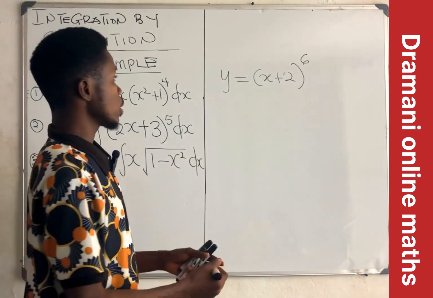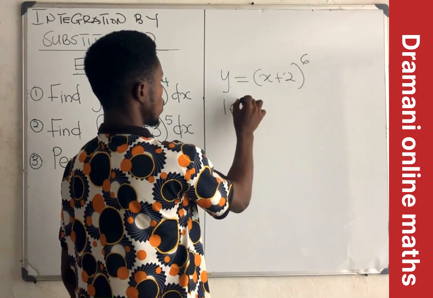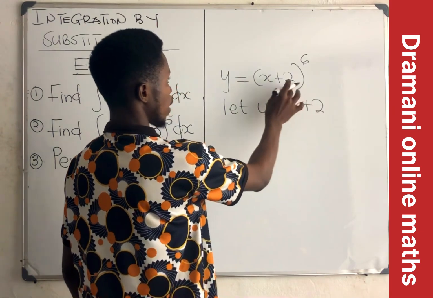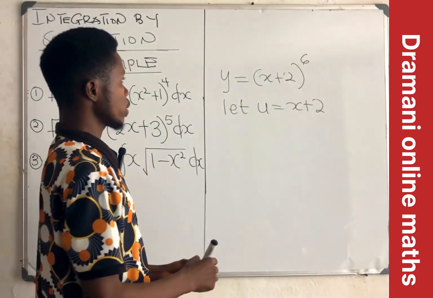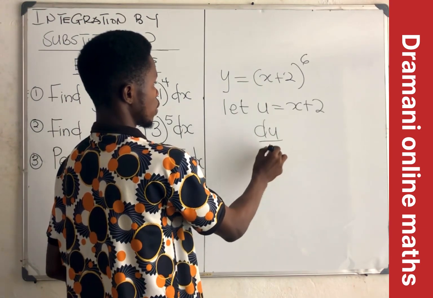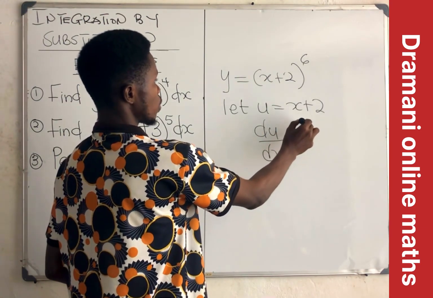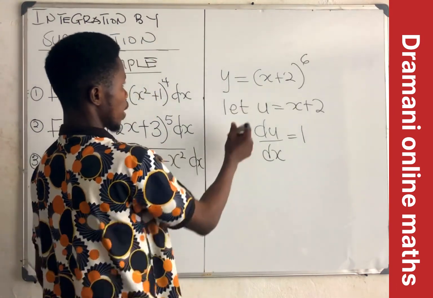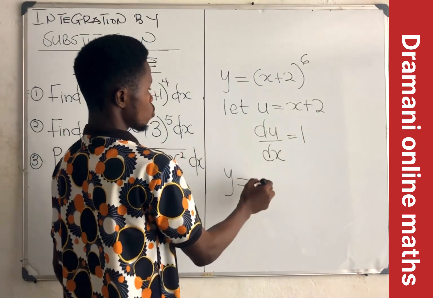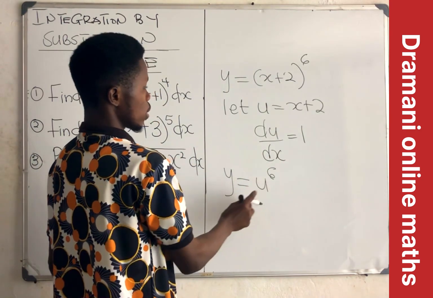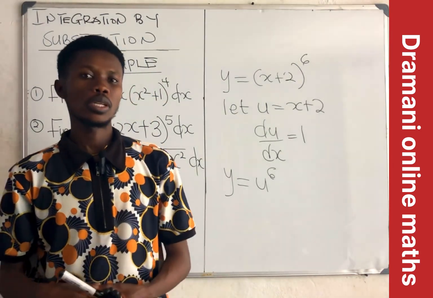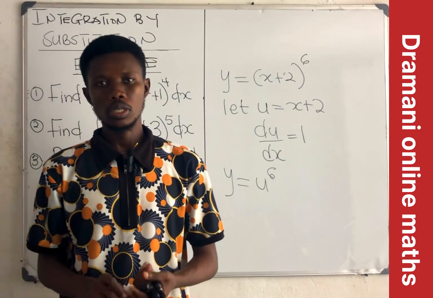We let u represent whatever is in the bracket, then we differentiate this, and this will give us 1. Then y is equal to u to the power 6. We differentiate, and after that we substitute. It's the same thing when it comes to integration by substitution.